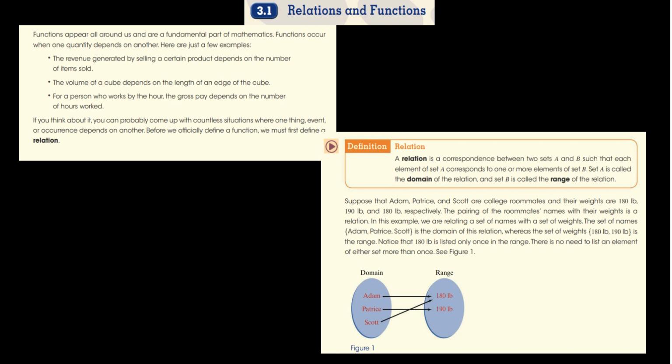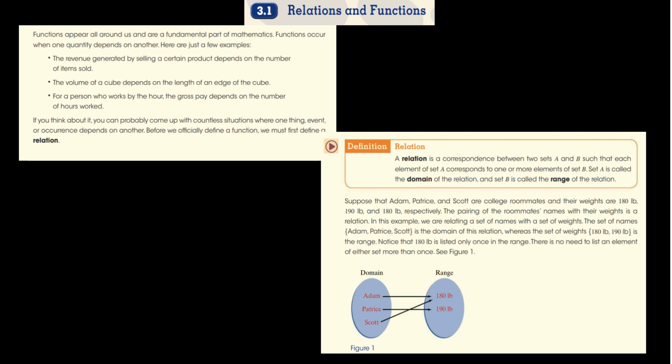So let's go back to the beginning of this definition. A relation is a correspondence between two sets A and B. Okay, so the two sets A and B don't have to be different. Now we're going to see in a moment they will be different. We have the set A is the names of people, and set B is their weight, right?